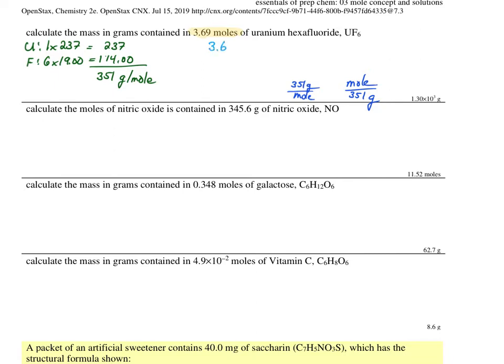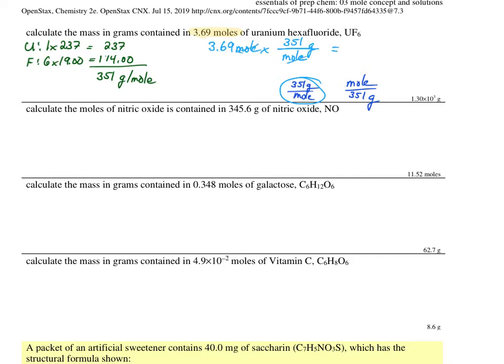We have 3.69 moles, and we want to use the conversion factor that has moles in the denominator so they cancel out. So every mole is equivalent to 351 grams. This indicates multiplication.